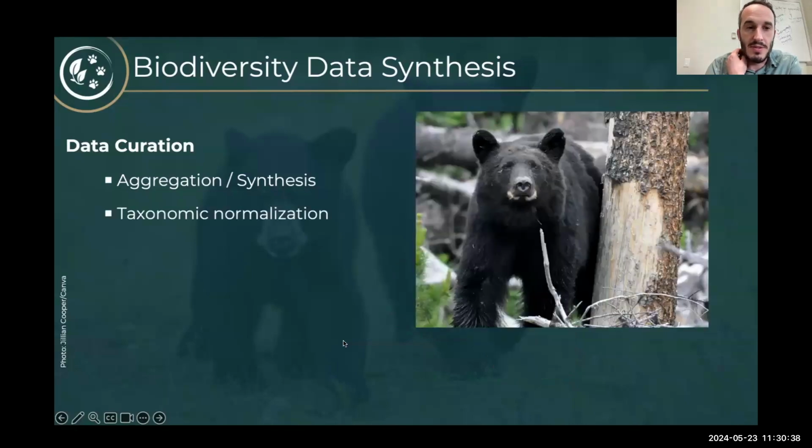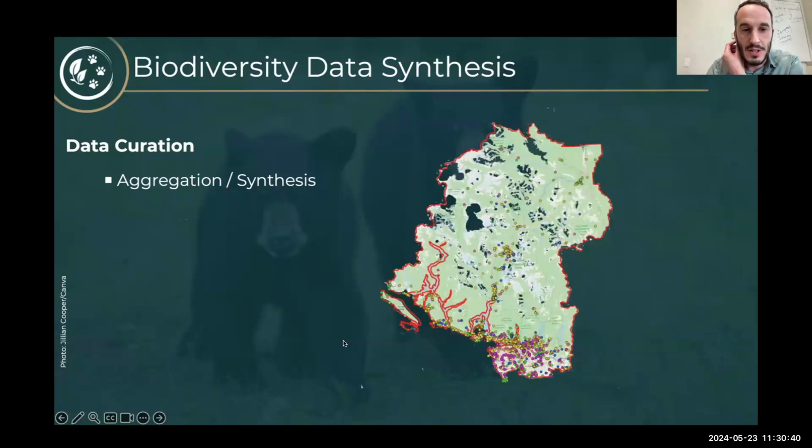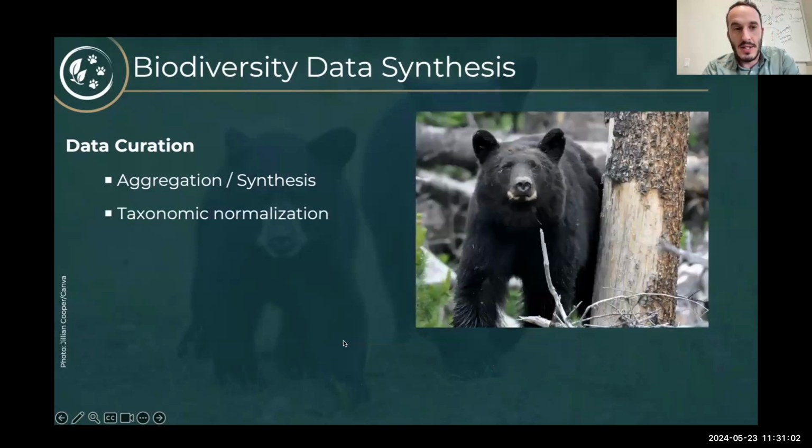So GBIF, as some of you may know, is a great filter on available iNaturalist observations, as well as other data. But in the case of iNat, it is very helpful because it aggregates only the observations deemed research grade on the platform. Granted, as Pamela mentioned, this is an imperfect filter, but when you're dealing with very large data sets like this, it's a sensible approach in the first instance. You can advance the slide there.